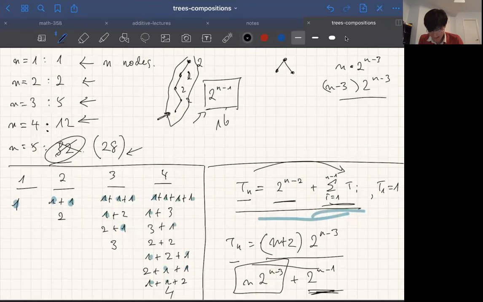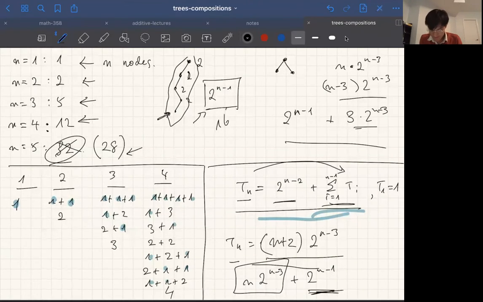That's not quite what we have here. It makes sense. Now we're missing 3 times 2 to the n minus 3. What are these remaining 3? It's really frustrating. There's 2 to the n minus 1 plus that.